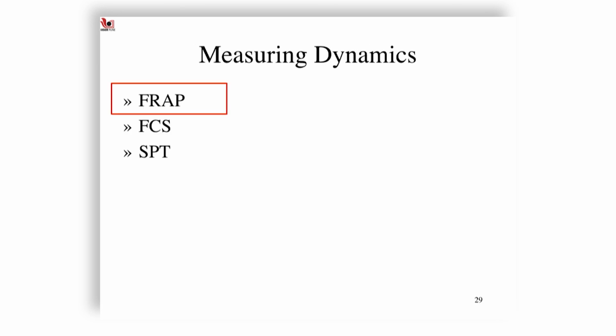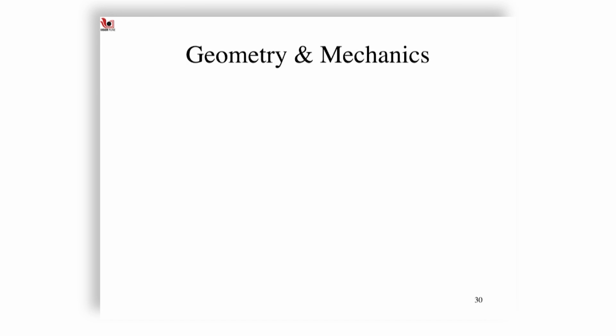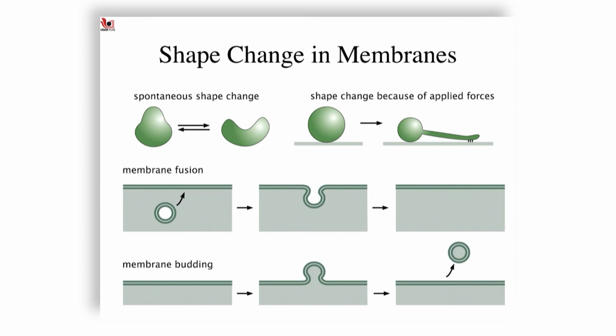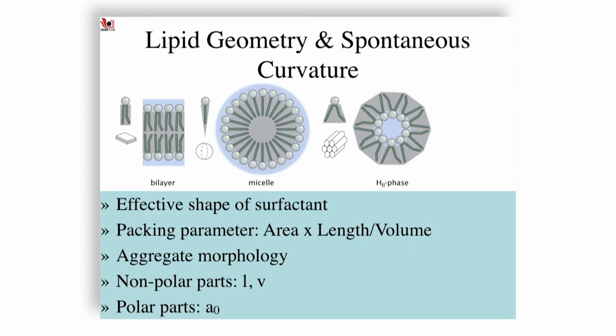We're going to be hearing more about FCS from a guest lecture in the middle of this month, from an expert at developing FCS methods who has some real innovations to his name. Indeed, the geometry and mechanics of membranes should probably be determined by the constituent lipids that make them up.